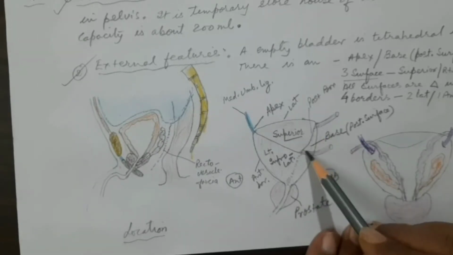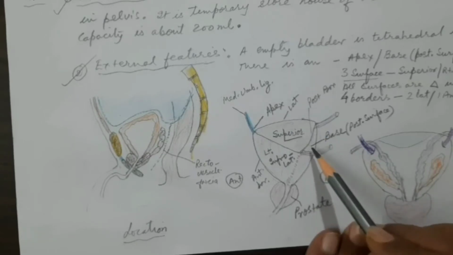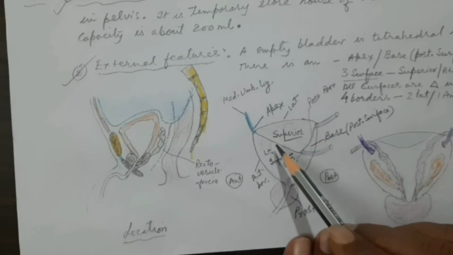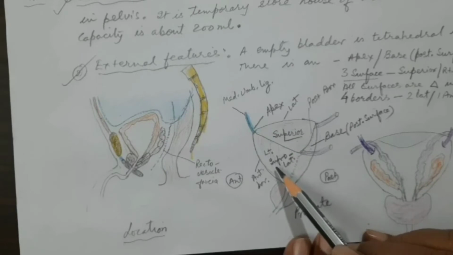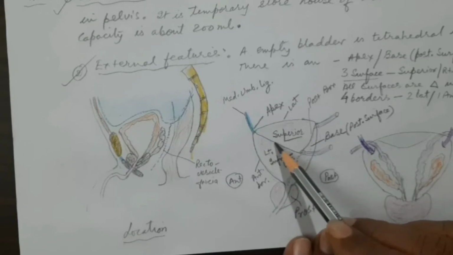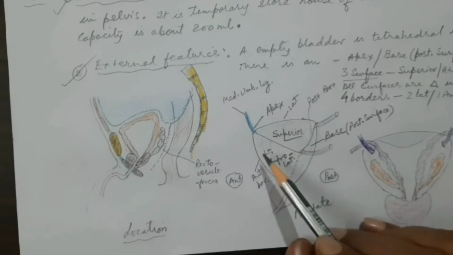Let me describe the posterior border, which is placed between the superior surface and the base, or the posterior surface. Between the superior surface and the infralateral surfaces are the right and left lateral borders.